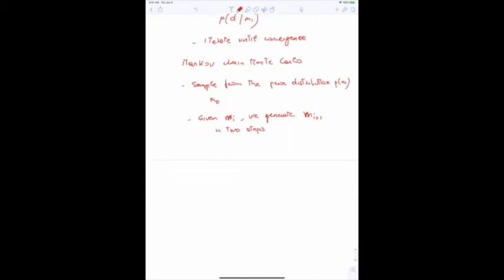So in step 1, we draw a candidate, I'm going to call it M prime, from a proposal distribution.